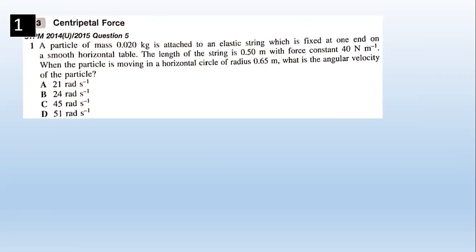What is the angular velocity of the particle? You won't have a question that is purely circular motion. Usually the examiner will try to include 2 topics together so that we can cover 2 topics. So this covers your topic 8, Young's modulus, and circular motion. Okay, what's the answer?